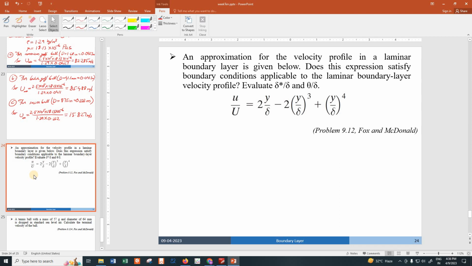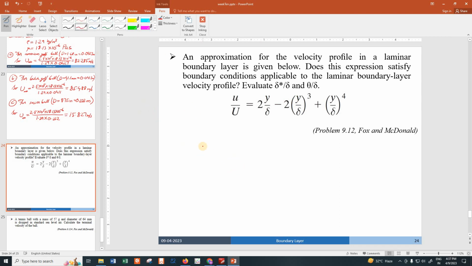So we need to first check the boundary conditions: is it able to satisfy the no slip boundary condition, and at delta, whether u is equal to the free stream bulk velocity, capital U, or not. Also, there should be zero gradient at y is equal to delta.